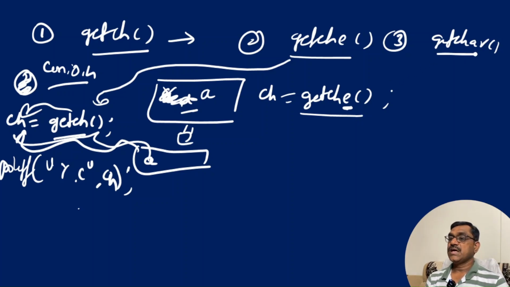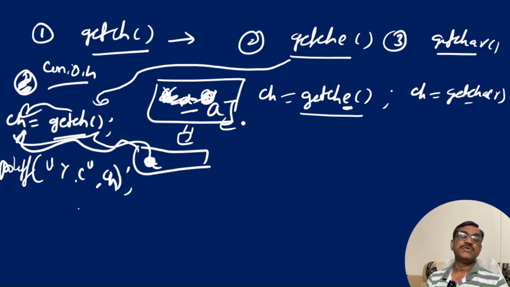Now coming to the getchar function, what is this? Ch equals getchar. In this case, when you press the character A, it is displayed on the screen, right? And it is waiting for the enter key to be pressed. Once you press the enter key, then only the character A is read into ch. This is the main difference.